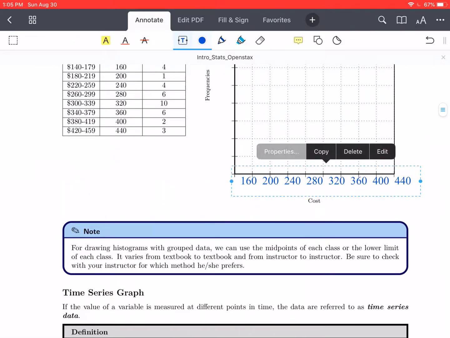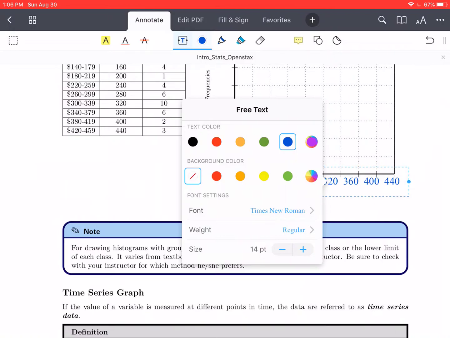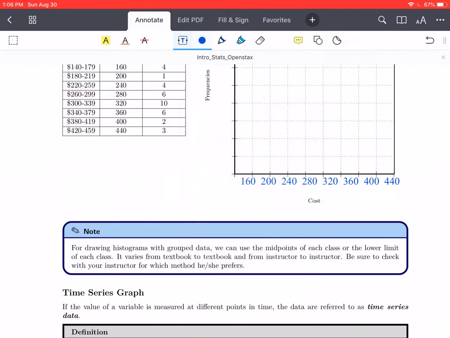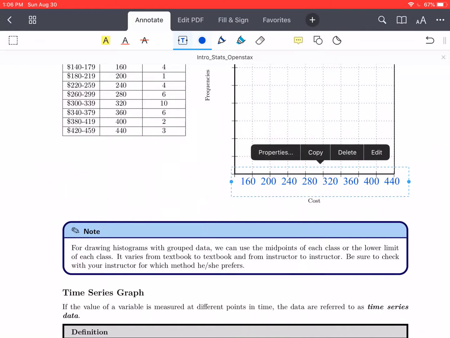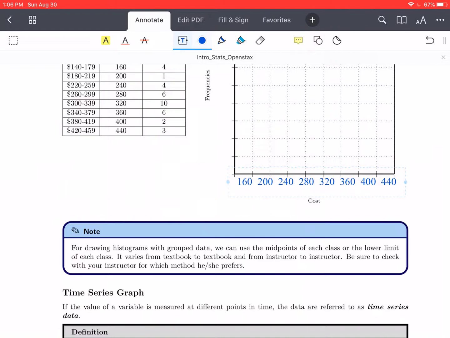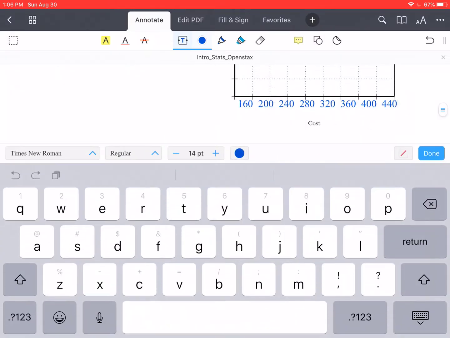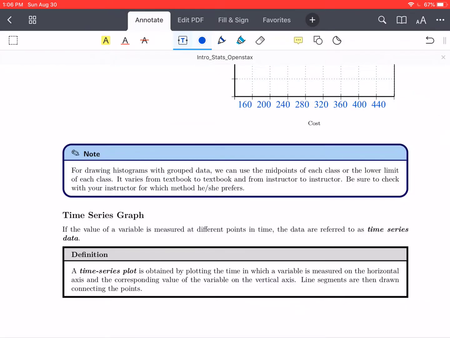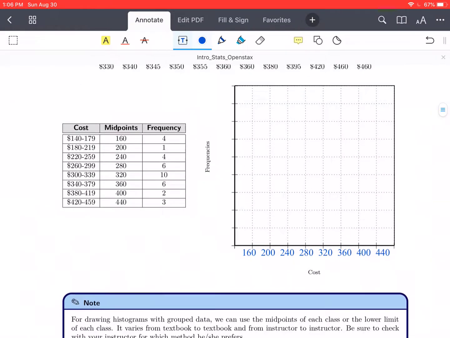Let me shrink that down just a little bit. There we go. That's pretty good. And then shift that over. We're just playing around with this a little bit. There we go. That's pretty good.